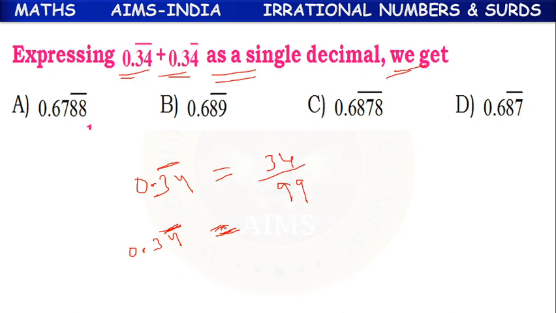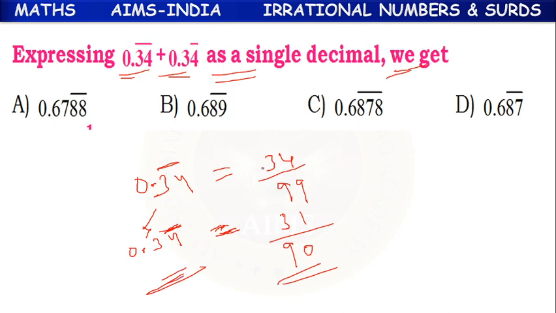So the shortcut is that from 34 we have to remove the non-repeating decimal digit, means 34 minus 3, 31. We have to write it in the numerator part. So downside we have to write 90.